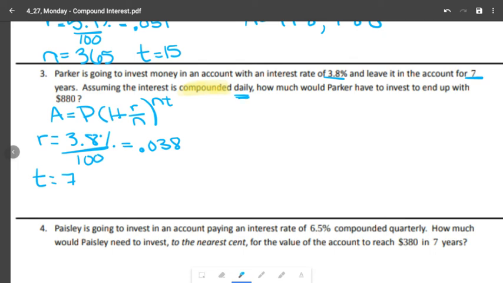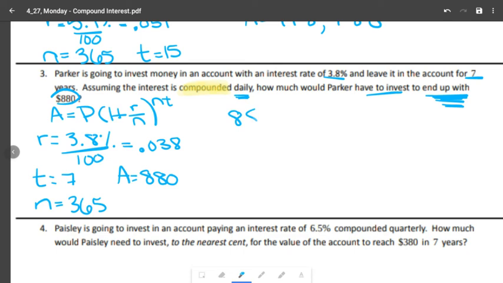If we're compounded daily, like the last problem, N would be 365. And now here's where we need to be careful looking at the question. It says, how much would Parker have to invest to end up with $880? We want to end with the 880. So that is our A value this time.